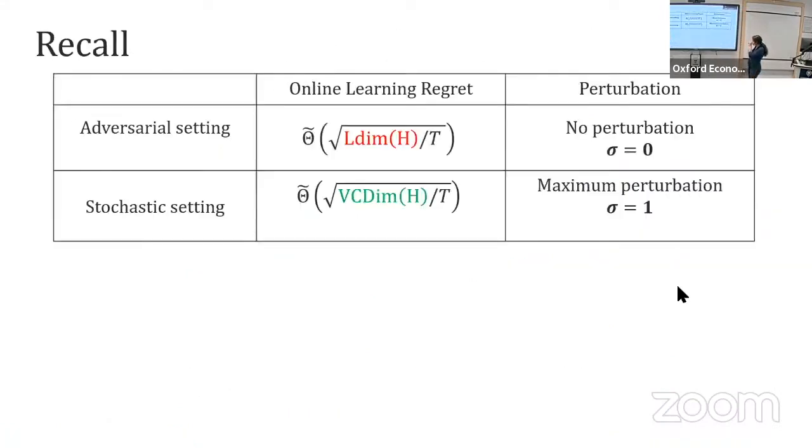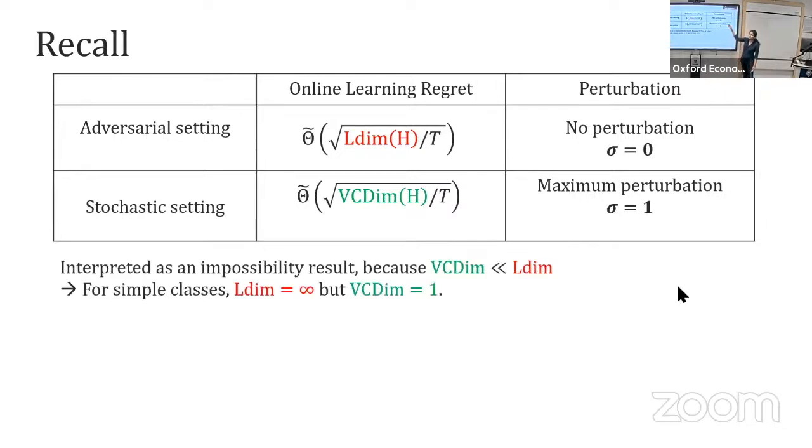So what happens here? This is the part where I'm going to skip any of the proof because we won't have time. But I do want to tell you what interesting thing happens to the landscape of results. When we had adversarial learning being impossible, that's as if I have no perturbation at all, like sigma is 0. The density can be arbitrarily large. You can focus on any one point.